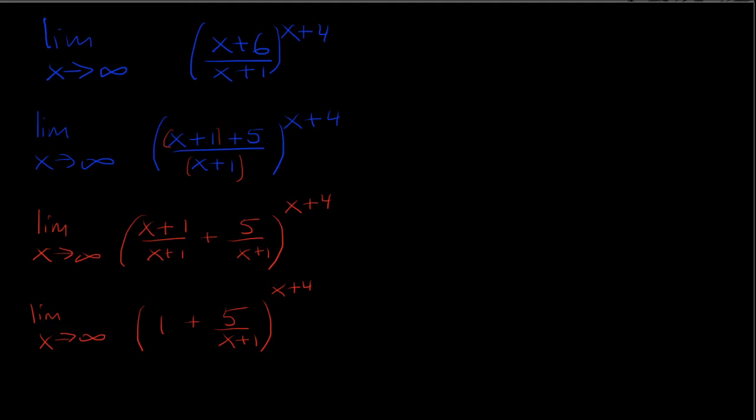Okay. Now, the goal here is to use this fact that the limit as x approaches infinity of (1 plus 1 over x) to the x is equal to e. So one thing to notice is that this and this are reciprocals of each other.